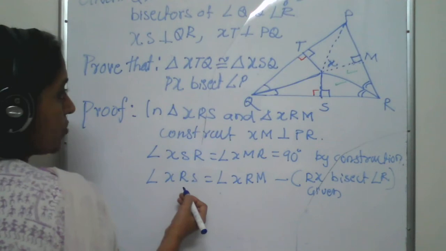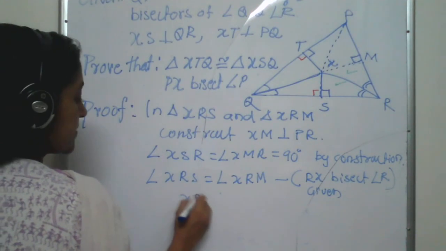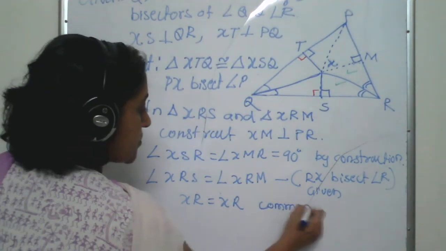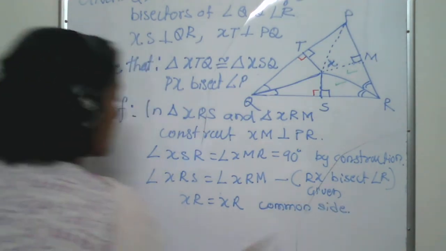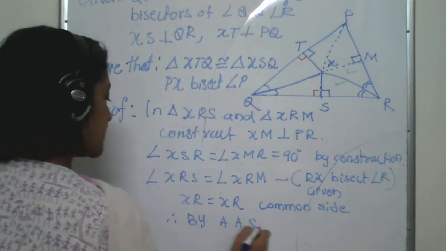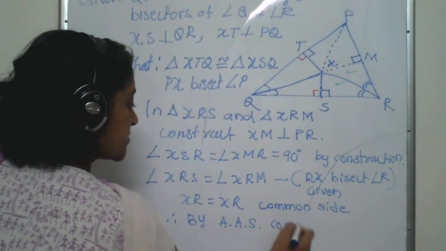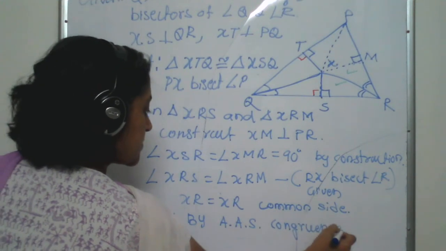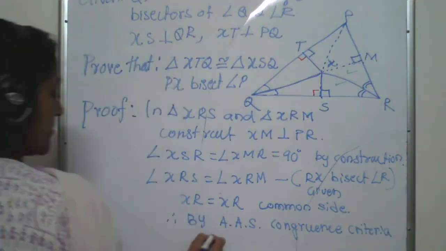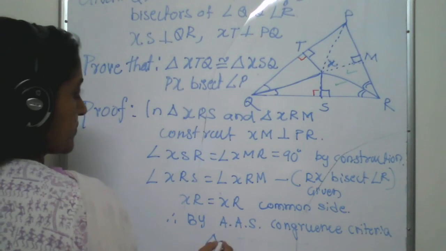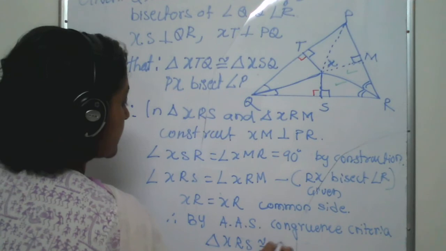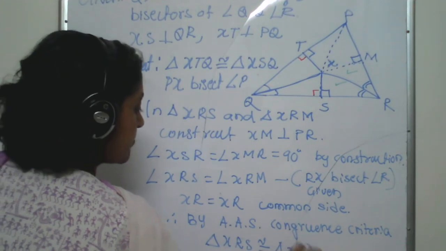Now what is left? XR is equal to XR, common side. Therefore, by AAS congruence criteria, triangle XRS is congruent to triangle XRM.